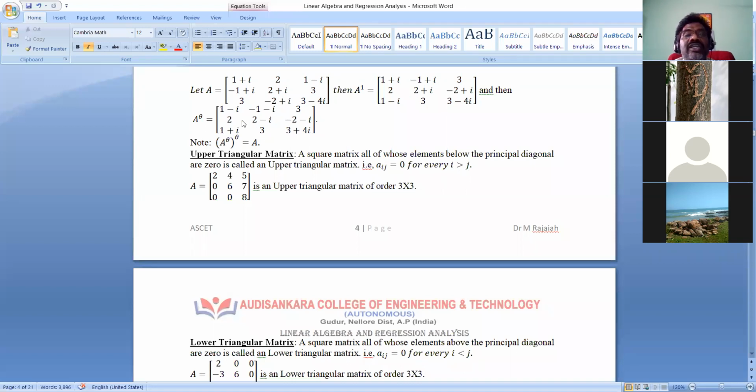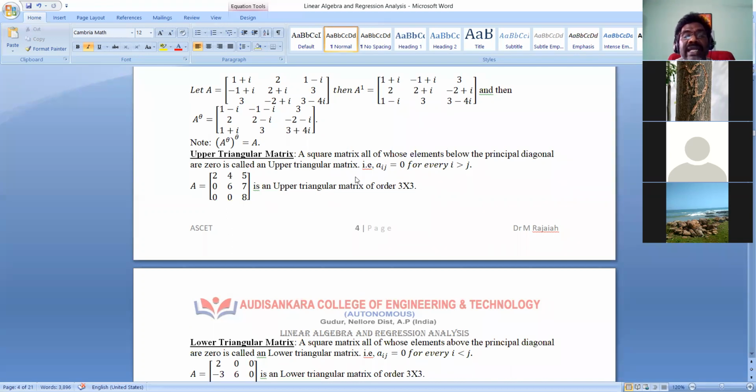Consider a general matrix a11, a12, a13, a21, a22, a23, a31, a32, a33. Where the first subscript is greater than the second subscript, the entry must be 0. So a21 is 0, a31 is 0, and a32 is also 0. Based on this general concept, the elements below the principal diagonal are zeros, and this is called an upper triangular matrix.